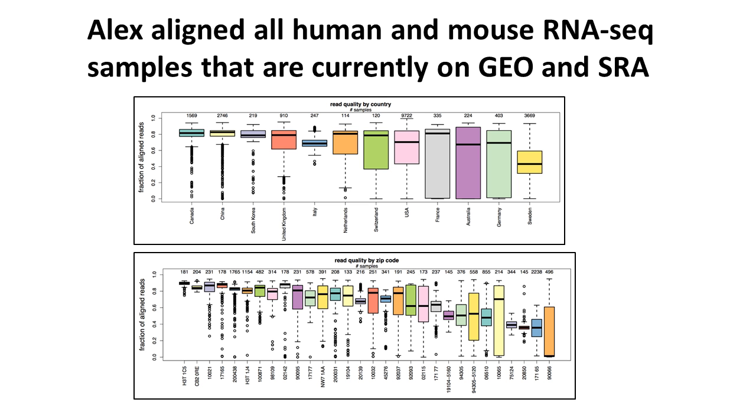This is looking at how many reads that were present in the FASTQ file were able to be aligned to genes. So this tells you the quality of the alignment, and this is the quality by country, as well as quality by zip code.